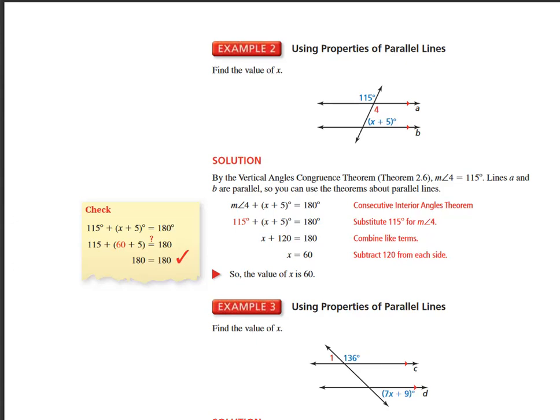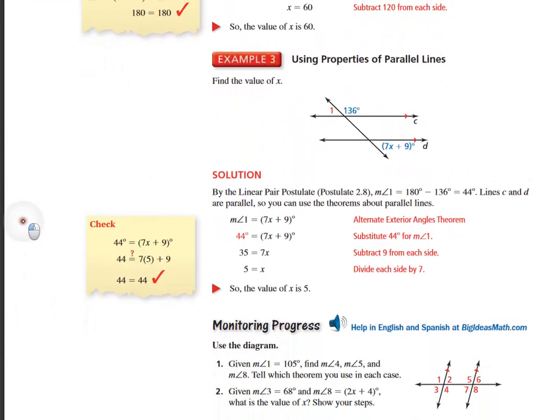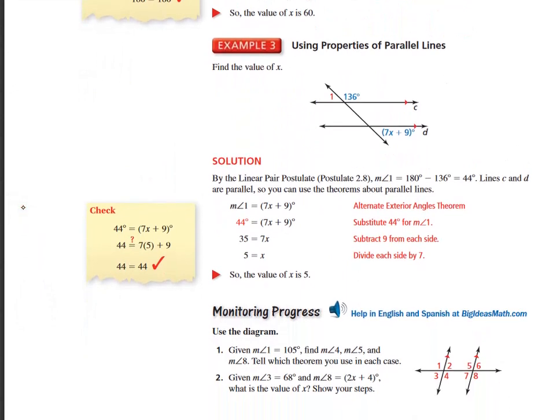Let's look at the next one. Similar situation here. We know that these two add up to 180, right? Because this is a linear pair. Now I'm solving it differently than they did, but just check out what I do here.